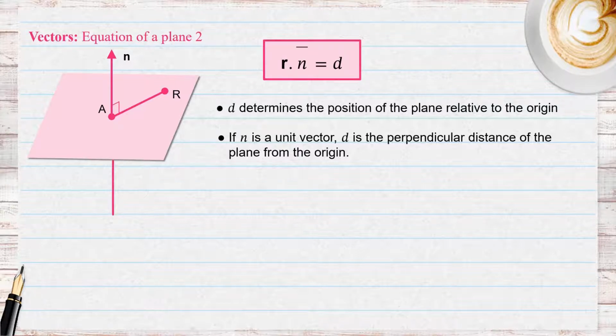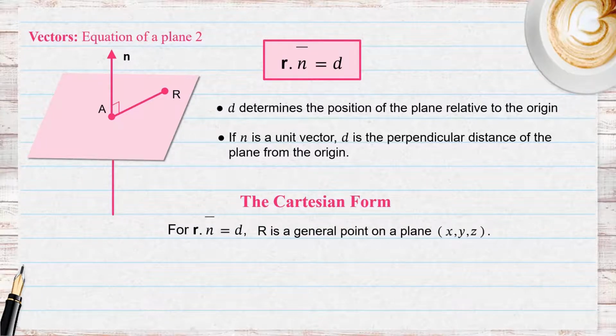Now we also have the Cartesian form of the equation of a plane. If you have r · n = d, you need to know that r is just a general point on the plane, that's (x, y, z). And we know that n is the normal to the plane, so let n be equal to the vector ai + bj + ck.